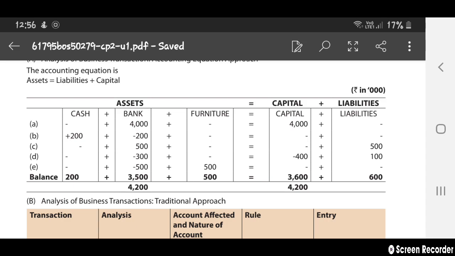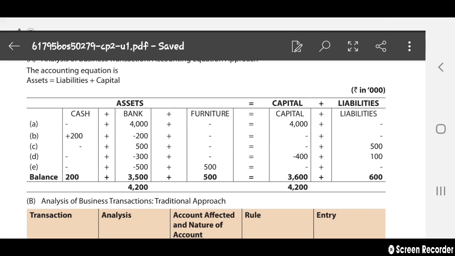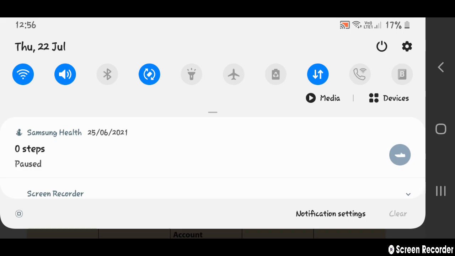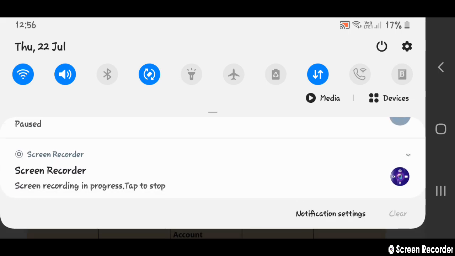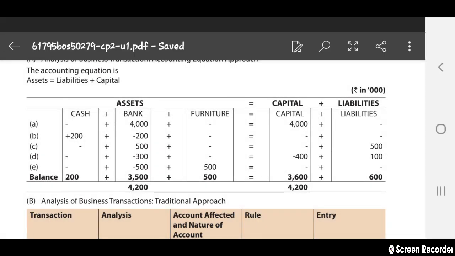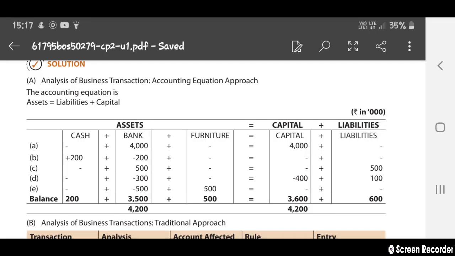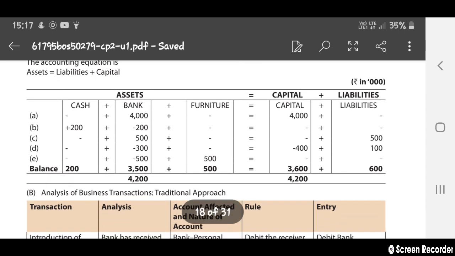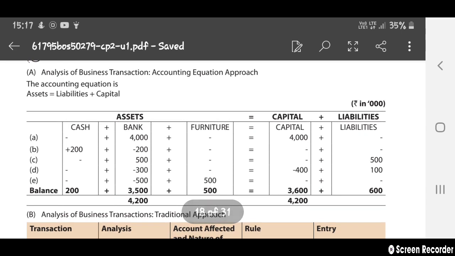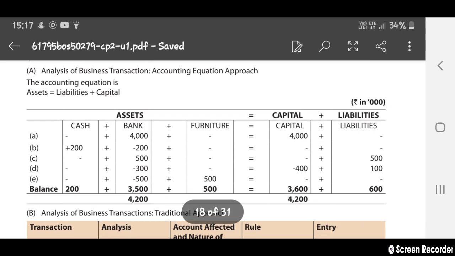So the cash will be 4200 and 4200. So we have seen in the accounting equation approach that we have balanced it.